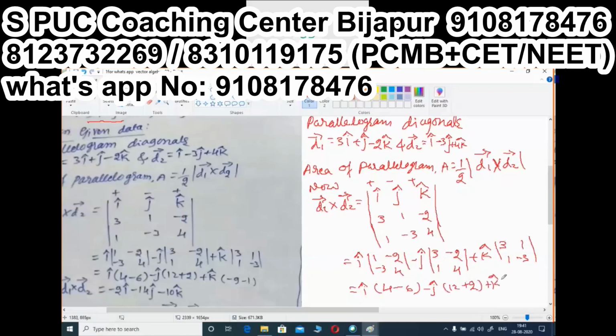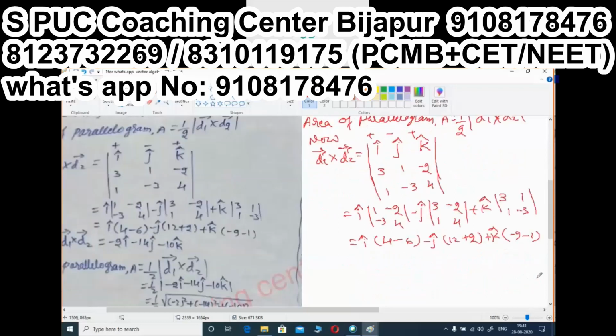Okay, plus k cap of this 3 into minus 3, that is minus 9, and 1 into minus 1, that is minus 1. What is going to come out after simplification? 4 minus 6, that is minus 2, you are going to get minus 2 i cap.